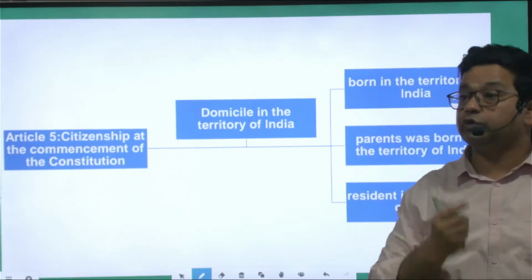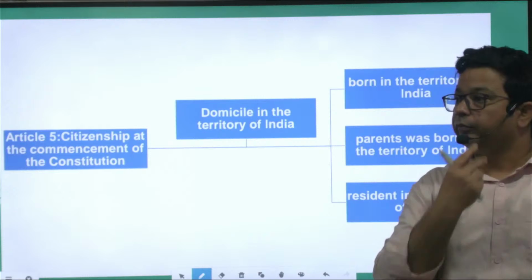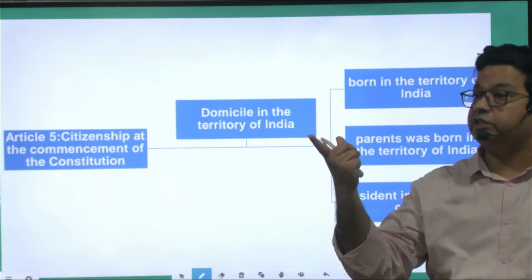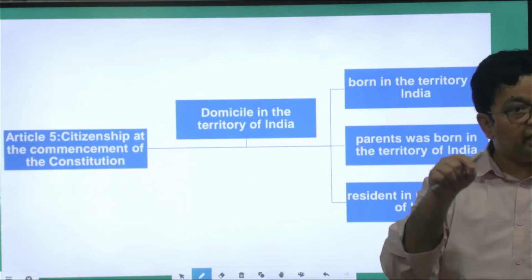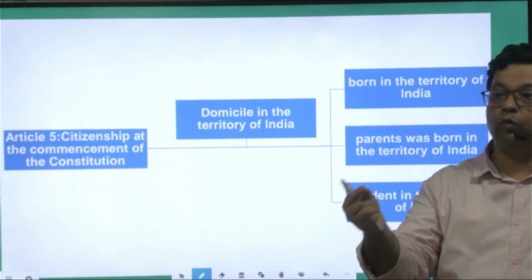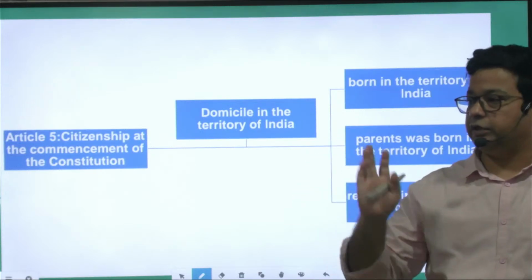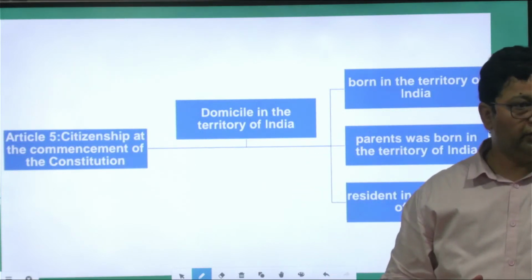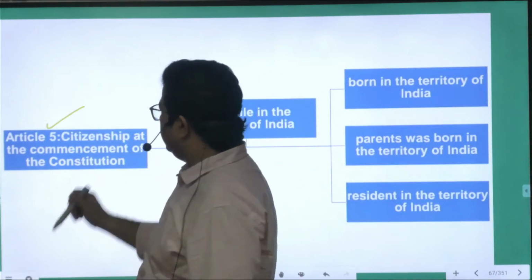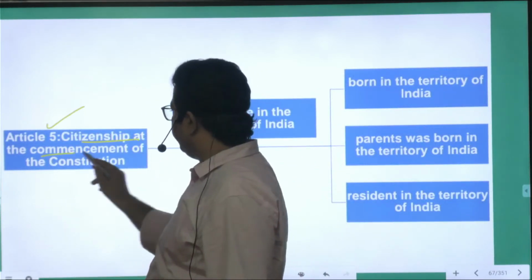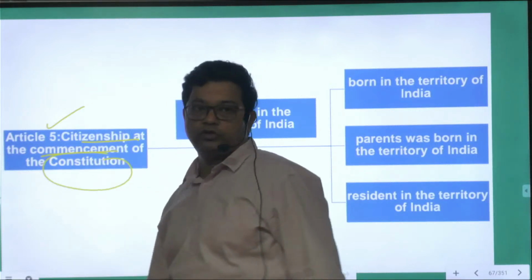And when was the Constitution commenced? 26 January 1950. So it is only talking about who are and who were citizens at that point of time. Clear? Okay?